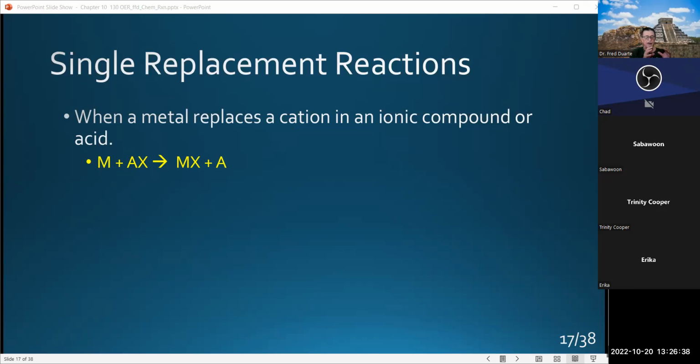And so using that table, we're going to be able to predict whether a reaction proceeds. Point number 1, using activities. Point number 2, metals want to be in the most stable state. So the most reactive metal will always strive to be in an ionic state, okay?